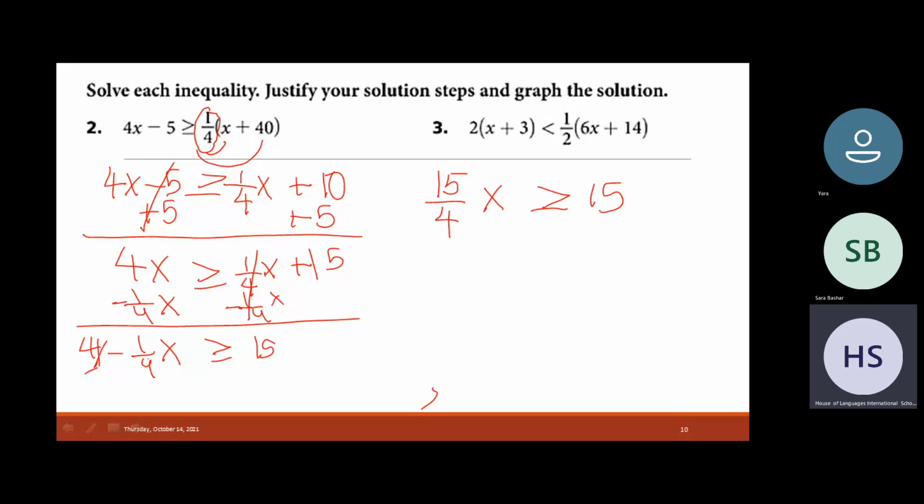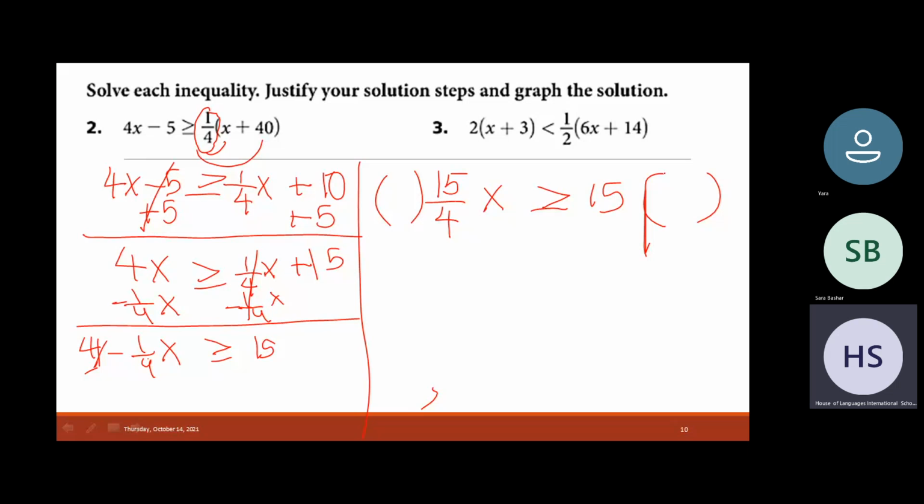Now I want to take x alone. How can I cancel 15 by 4? What you have to do here, if you see any fraction on the side, multiply both sides by its reciprocal.